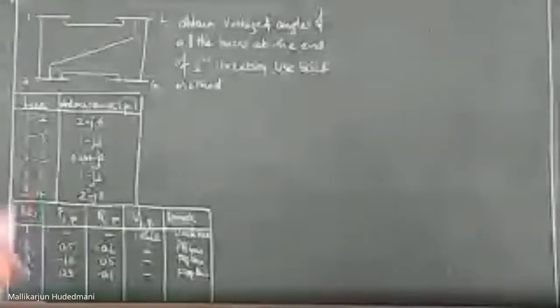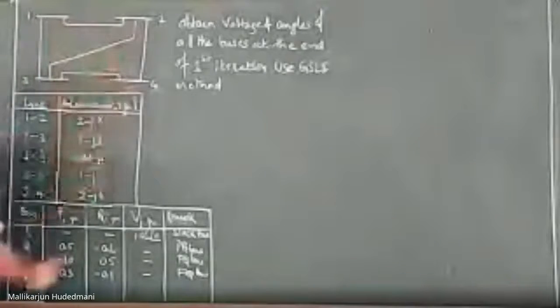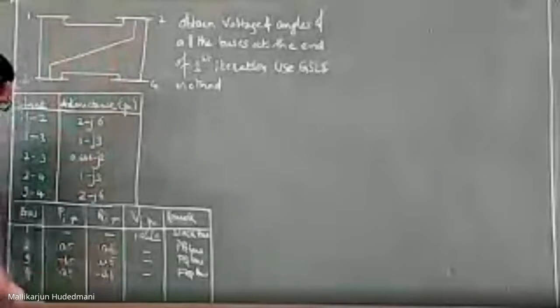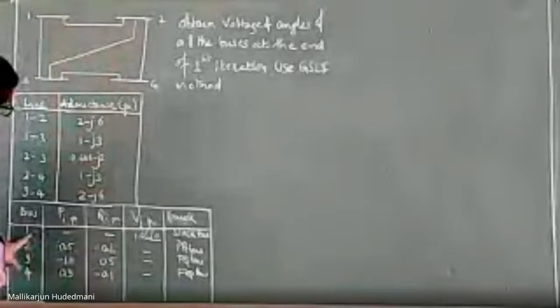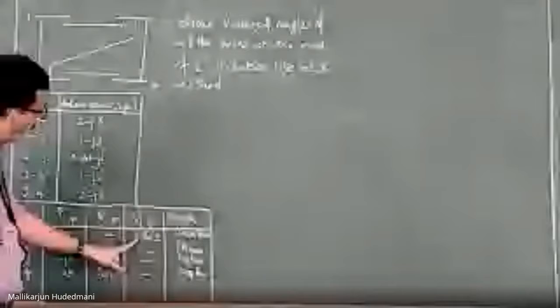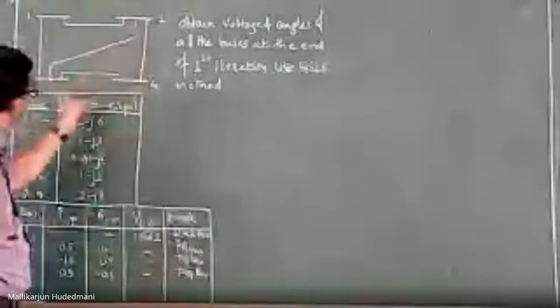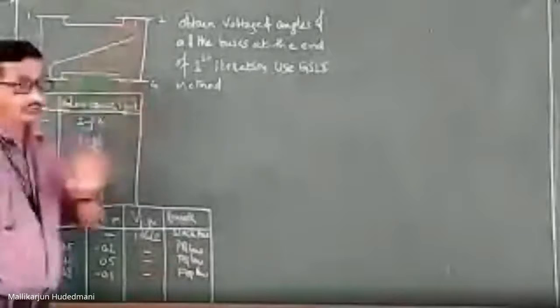So you need to begin with this. You have been given 4 buses, 1, 2, 3, 4. You have bus information. You should see very carefully. Bus number 1 is given as voltage of 1.040 pu, which is said to be the reference bus. How about other buses? All are load. There is no mark here. We will not worry about that.